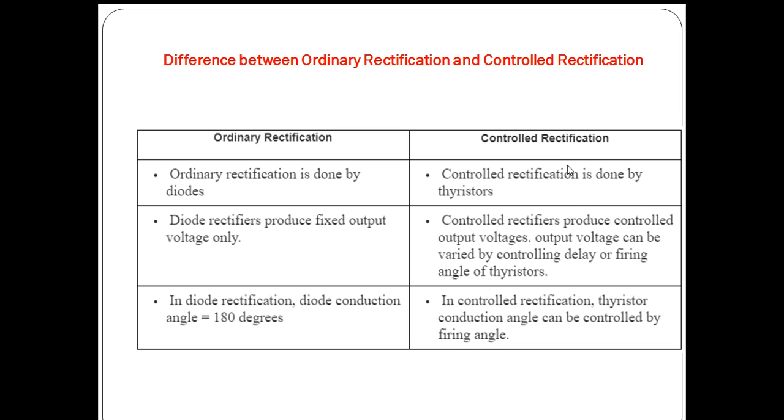Generally we use SCRs. Whenever we change the firing angle or delay angle, the output voltage changes accordingly, and the power obtained from the circuit also changes. That is the main difference between uncontrolled and controlled operation.